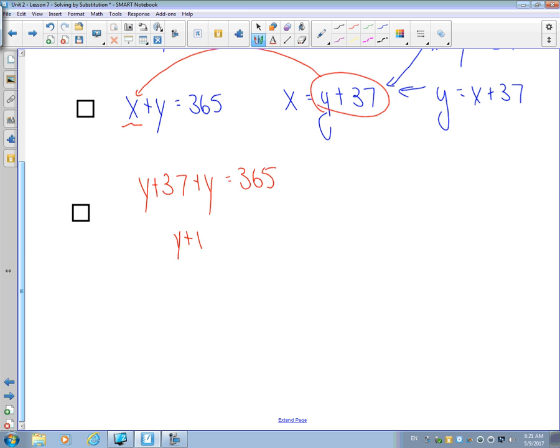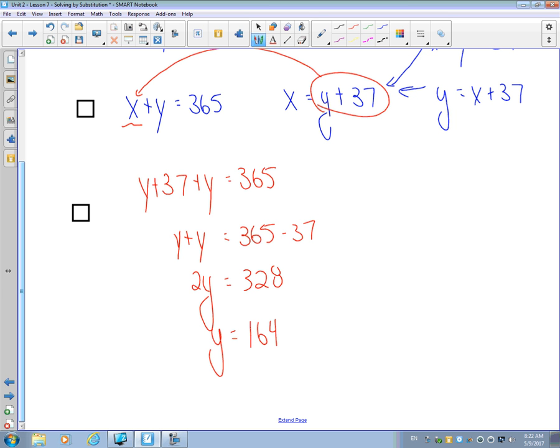Y plus y, letters on one side, numbers on the other. I'll get 2y equals 365 minus 37, which is 328. I divide that out and I get 164. Y is 164.